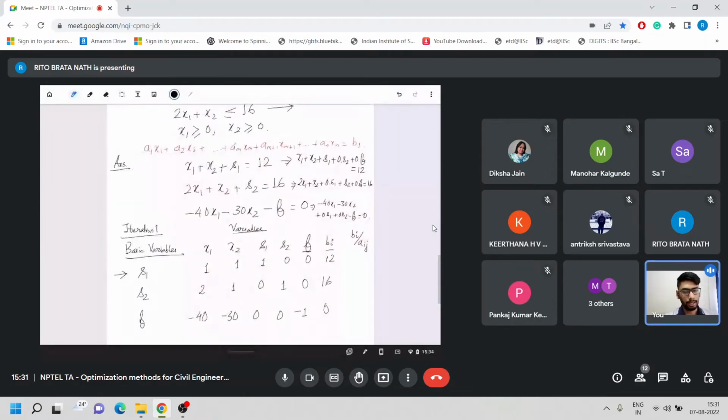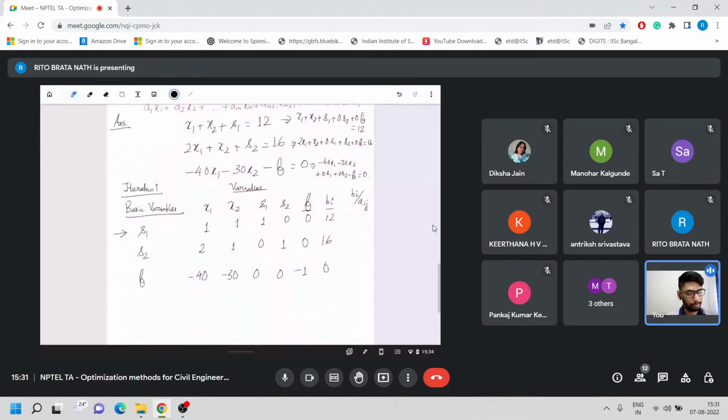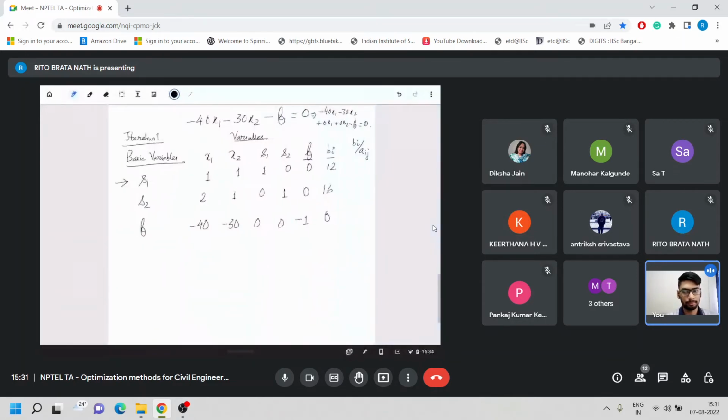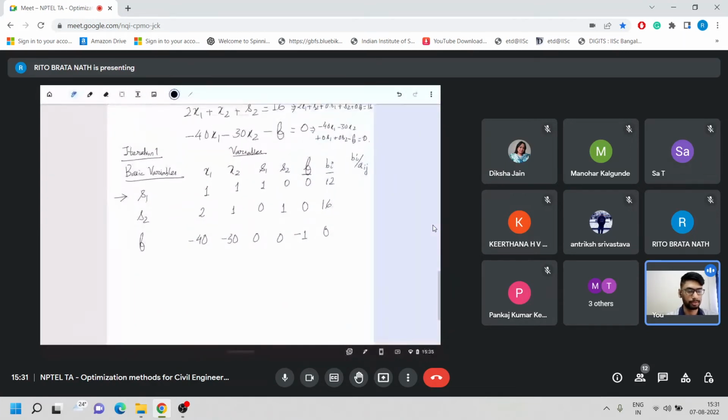Now, can anyone tell me which one will be the entering variable here and which one will be the leaving variable from this problem? Why is that? Can you give me the reason? Yeah, that's correct.